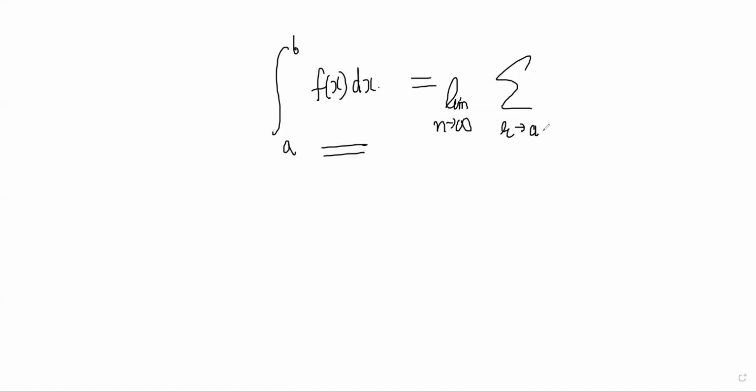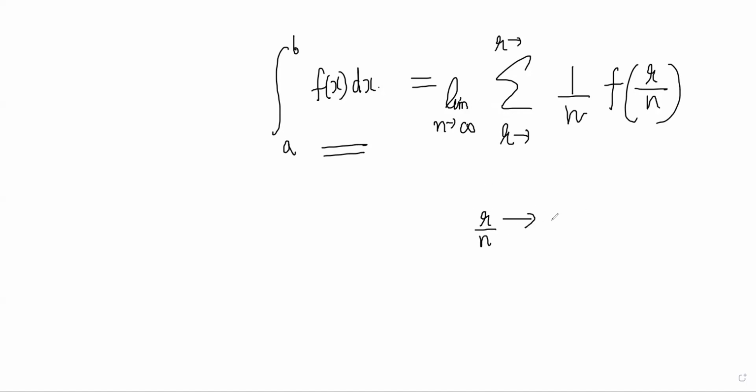You can say this is going to be limit n tends to infinity summation f of r by n times 1 by n, and r is varying. The values of r by n will tend to a as n tends to infinity, and r by n values will also tend to b. The lower limit will start from a, the upper limit will come from b.